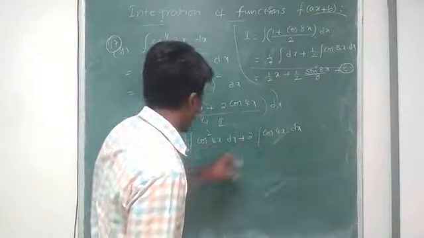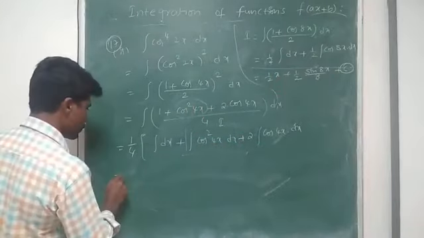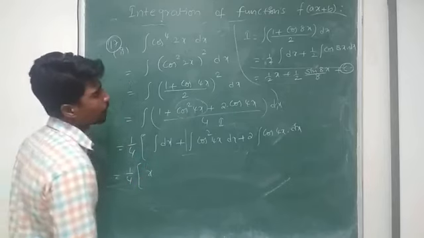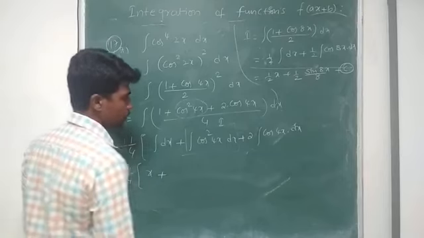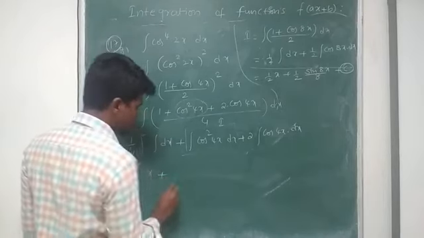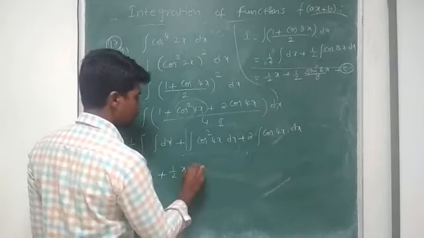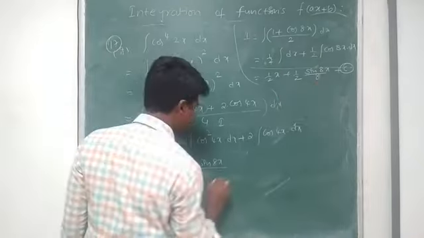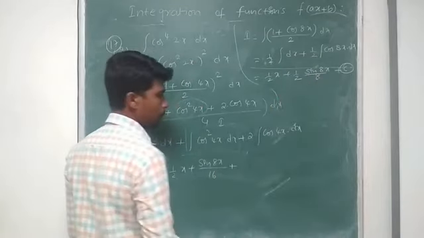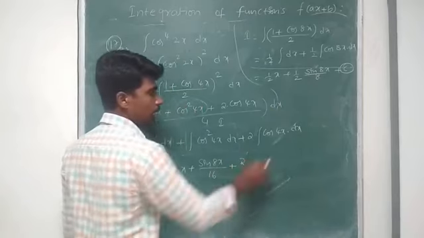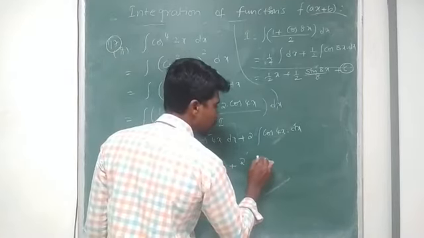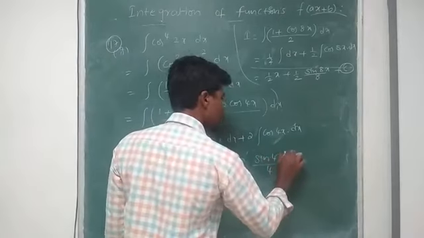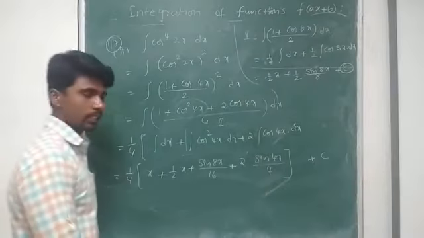So that I value I am replacing in this particular place, which is equal to 1 by 4 of the integral of dx, x, plus the integral of cos square 4x dx, which we got as 1 by 2 x plus sin 8x by 2 8s are 16, plus 2 into the integral of cos 4x, which is sin 4x by 4, plus constant c.